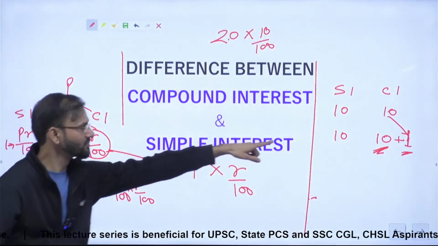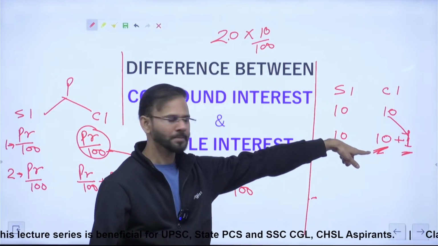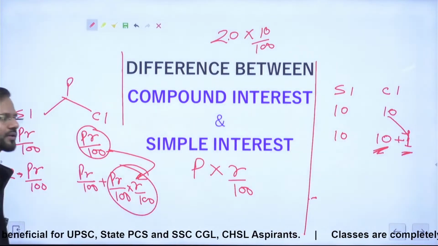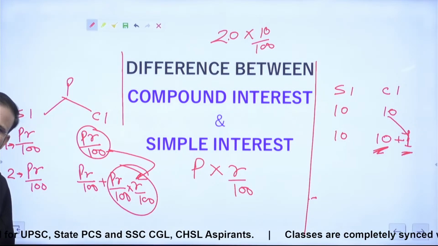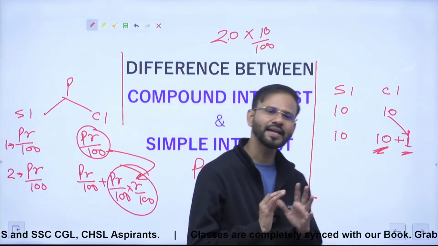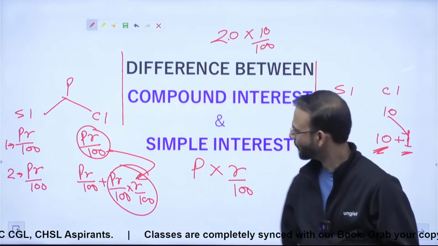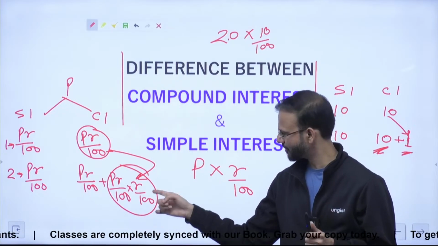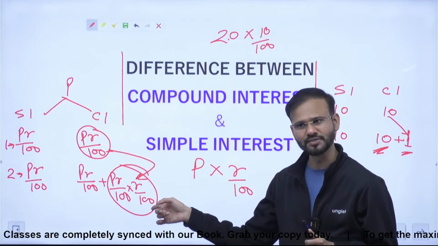So here the difference will be 1, and here the difference will be this value. Yes or no, guys? So the difference between SI and CI for 2 years will be this. I repeat, difference between SI and CI for 2 years will be this.